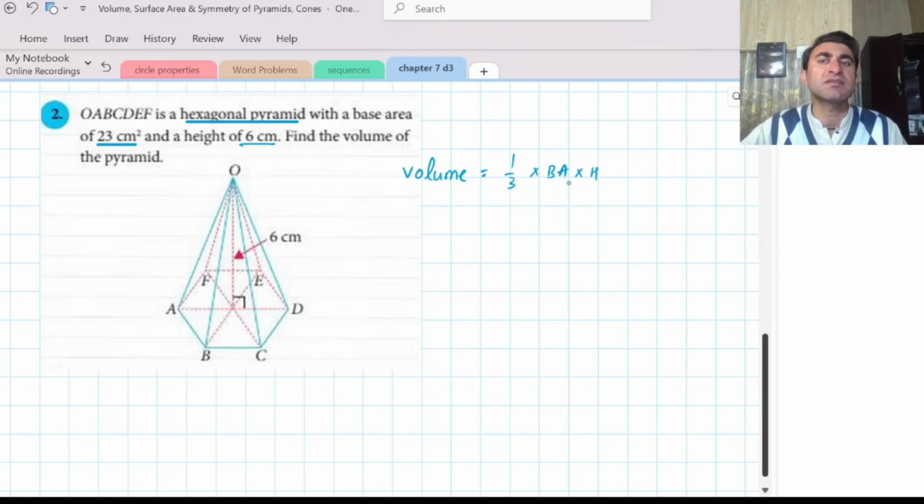Whatever the base is, if we are given the base area, we just replace the value, that is 23, and then height is 6. After we simplify it will become 46 centimeter cube. So that is question number 2.